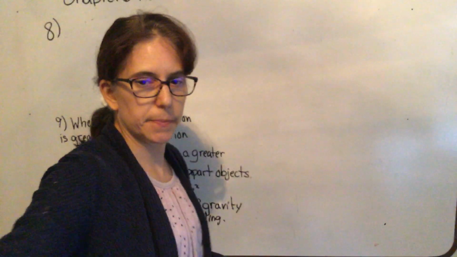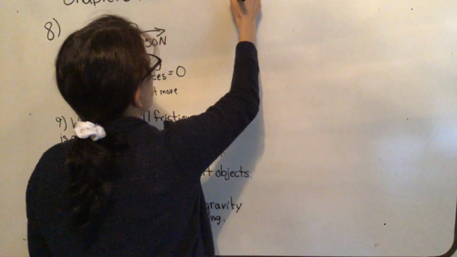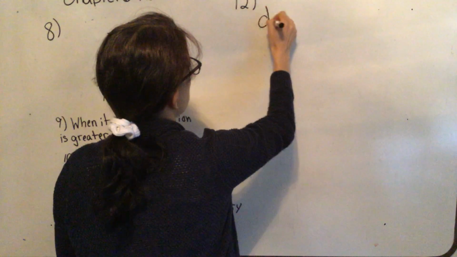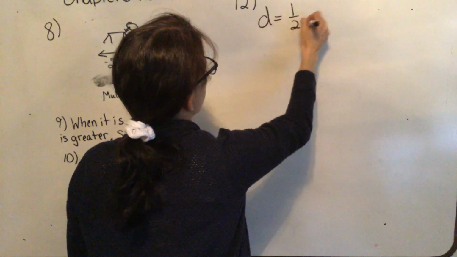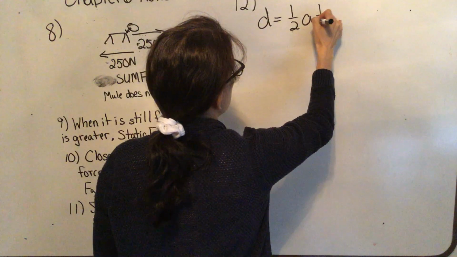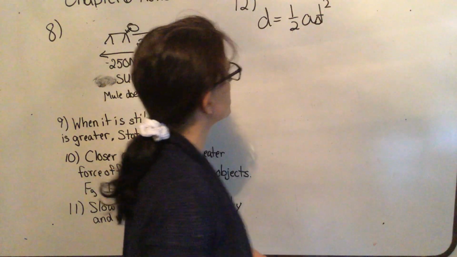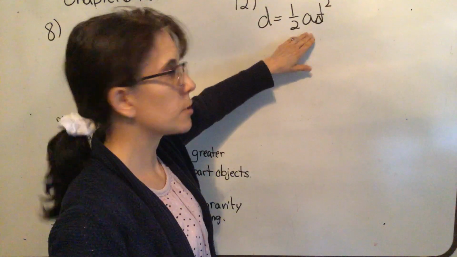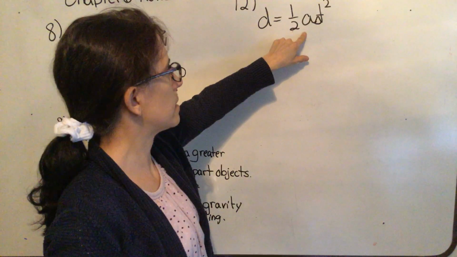For measuring or calculating the distance, 1/2 a delta t squared, the only condition that has to be true is that acceleration has to be constant.